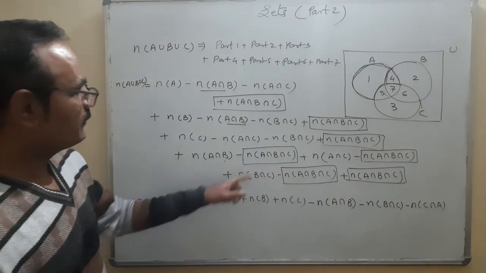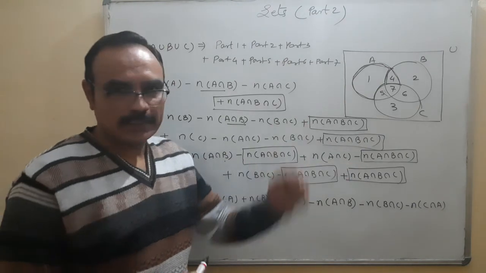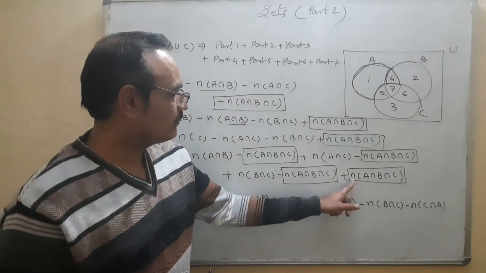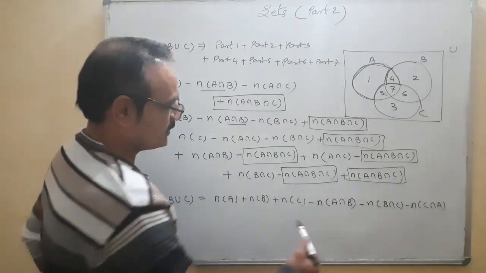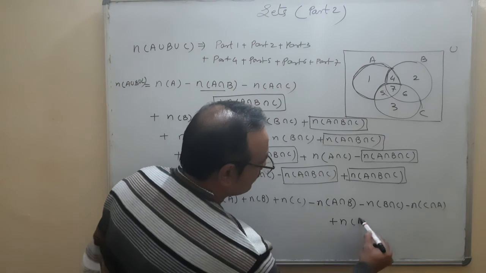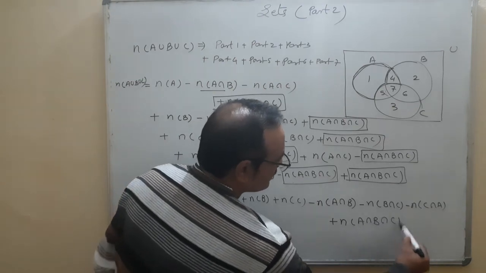Negative 1, 2, 3. Cancel. Only 1 left. So plus n(A ∩ B ∩ C).